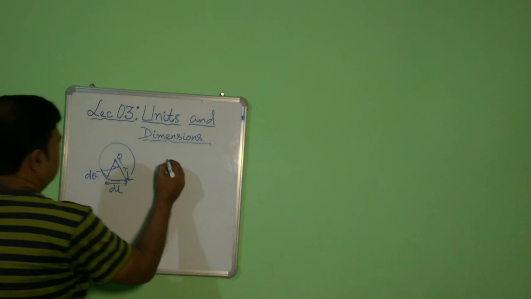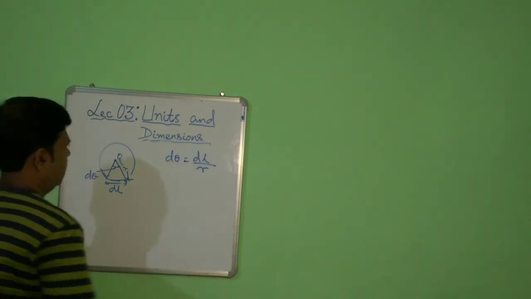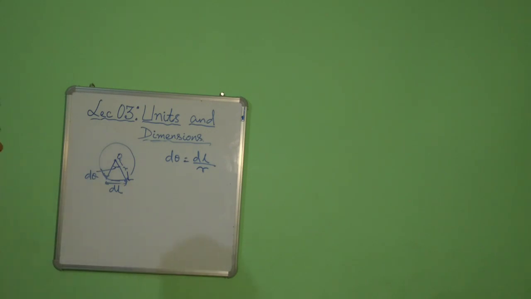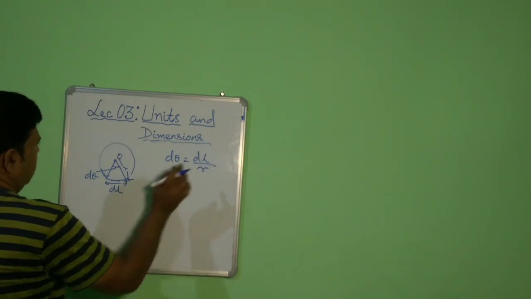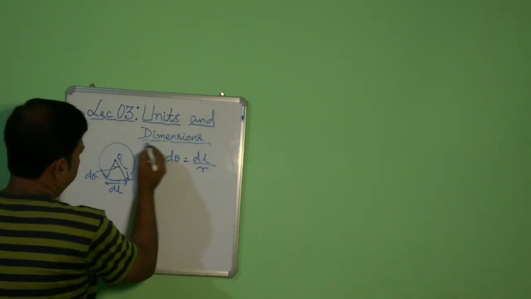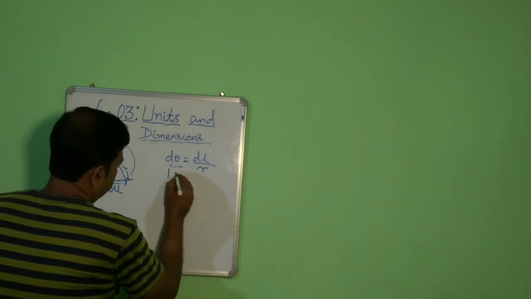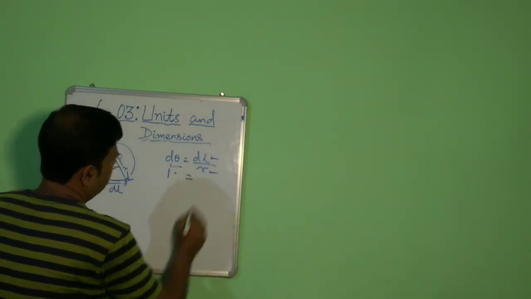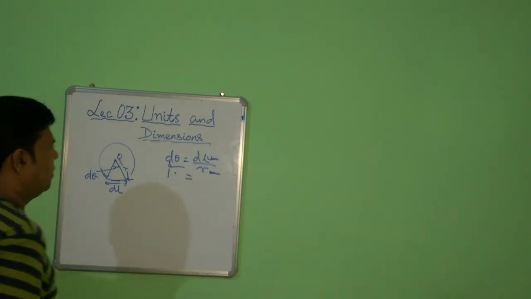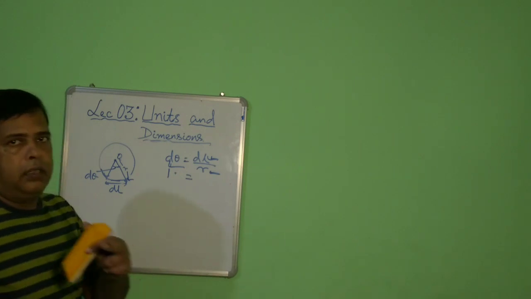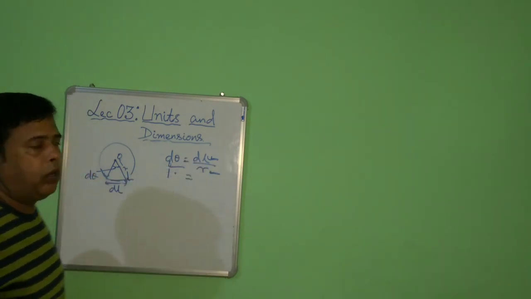Then we know that d theta equals dl upon r. This relation we know: theta is equal to L by r, L being the length of arc and r the radius. So we can define one radian. d theta becomes 1 when dl is equal to r.